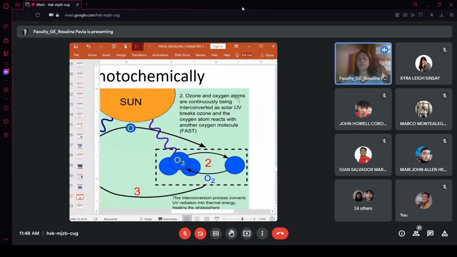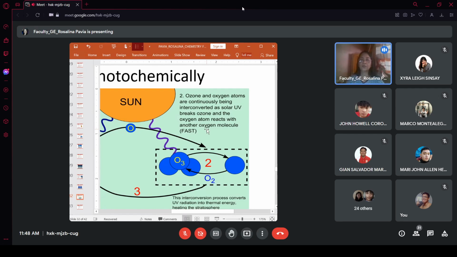ozone and oxygen atoms are continuously being interconverted as solar UV breaks ozone and the oxygen atom reacts with another oxygen molecule. This is now fast reaction na to. Parang it's a cycle. Magbe-break and then yung oxygen atom magre-react sa oxygen gas, O2, and then magpo-form ng O3.